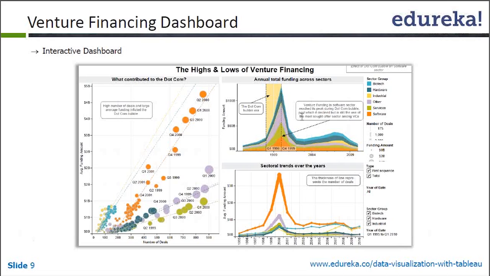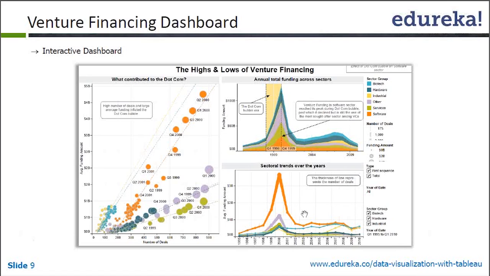What I'm trying to gain from this? Yes, where to invest. That is a nice answer. What else? Yes, risk, high and low financing, right? ROI from startups, right? Which sector gets a lot of money?